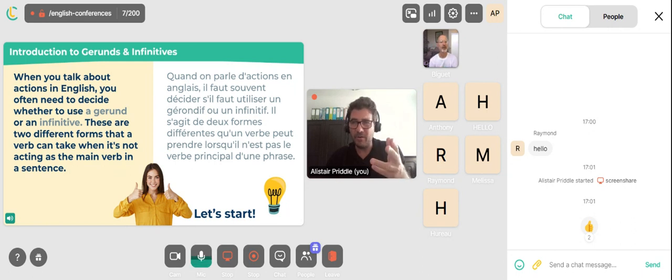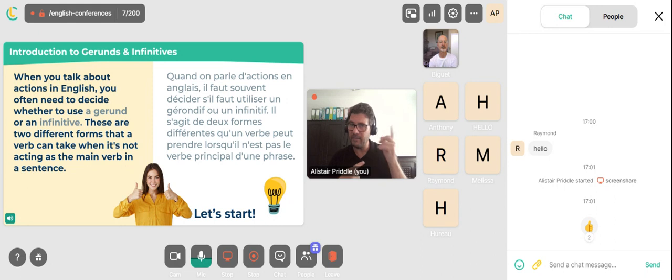When you talk about actions in English, you often need to decide whether to use a gerund or an infinitive. These are two different forms that a verb can take when it's not acting as the main verb in the sentence. So when it's not acting as the main or principal verb in a sentence.